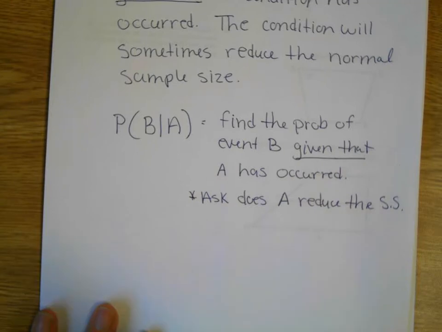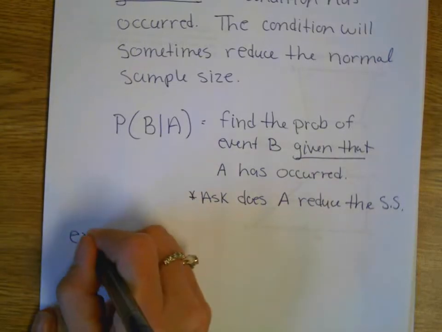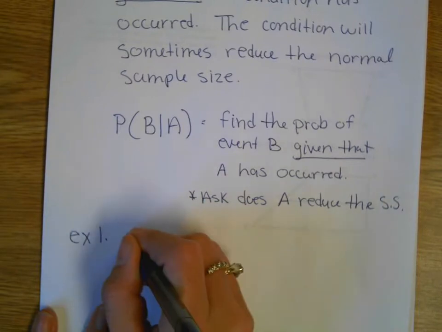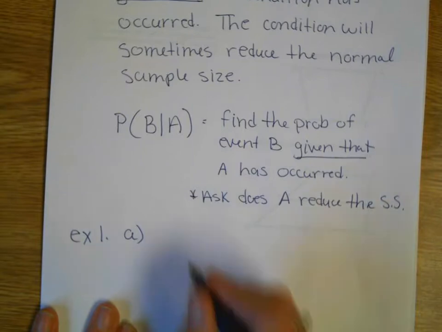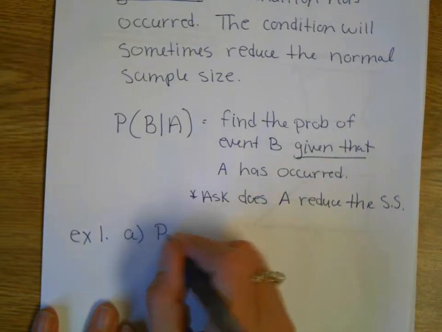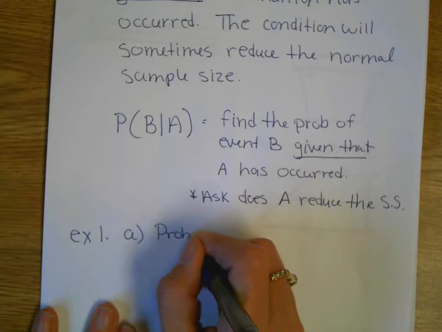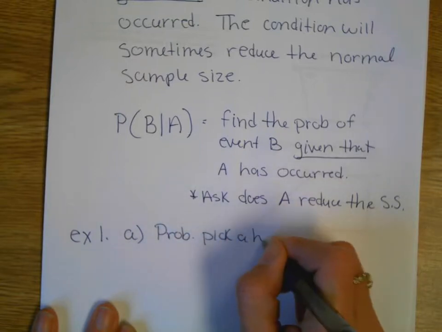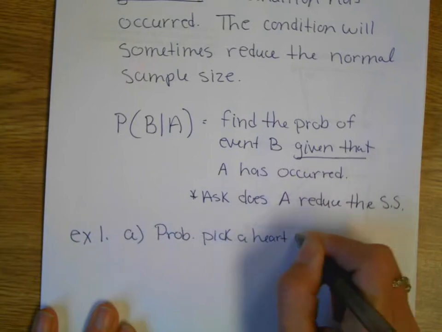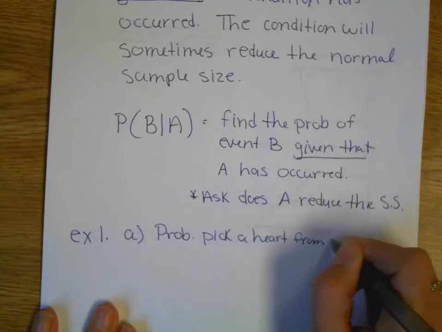So let's take a look at some good conditional probabilities and you'll see how it can reduce the sample space. Okay. What's the probability that you pick a heart from a deck of cards?